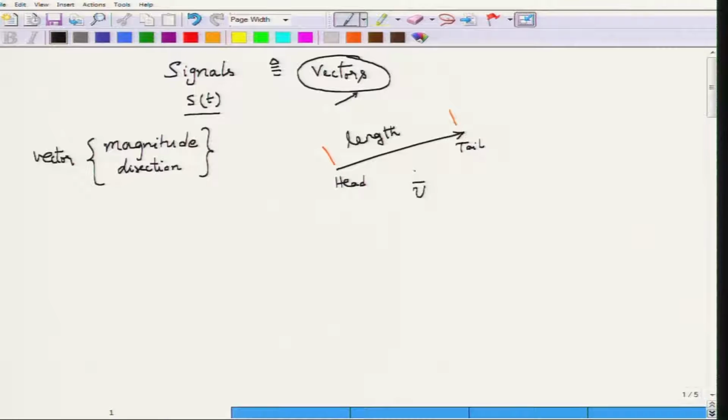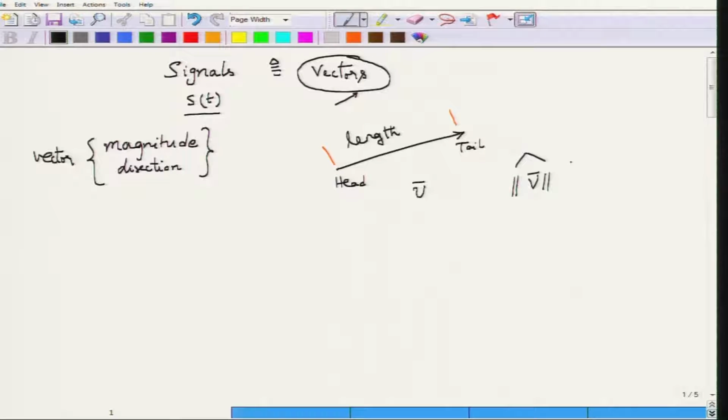This vector which I have drawn here has a particular direction, and it also has its length. The vector is given by V with a bar over it, and that is how I will name this vector. Then I will use a special symbol to specify the length of the vector, by enclosing that vector between these two lines.